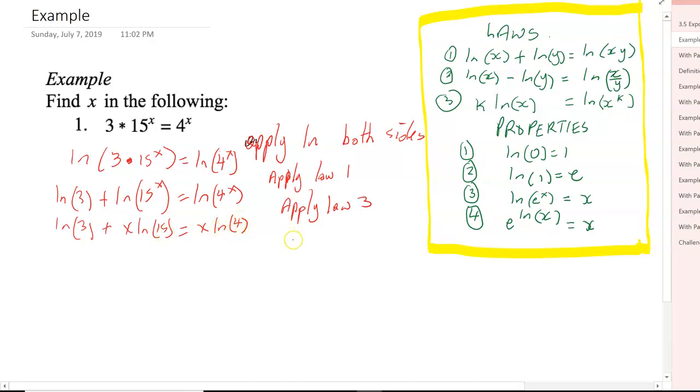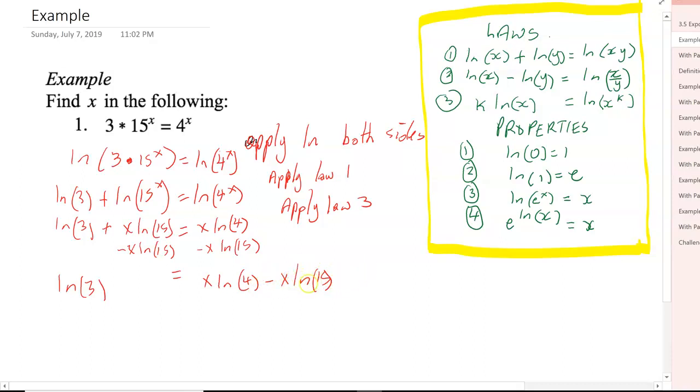And now we can try to put the x's to one side. You subtract x ln of 15 from both sides. And so this becomes ln of 3 is equal to x ln of 4 minus x ln of 15.